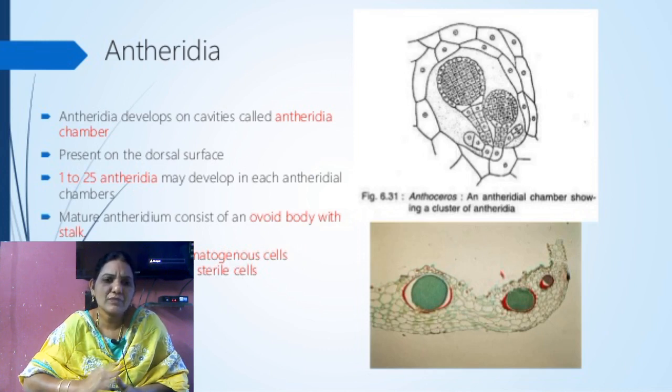Many cells divide in the middle of the antheridium, each cell forms a chamber, and each cell changes into an androspore.